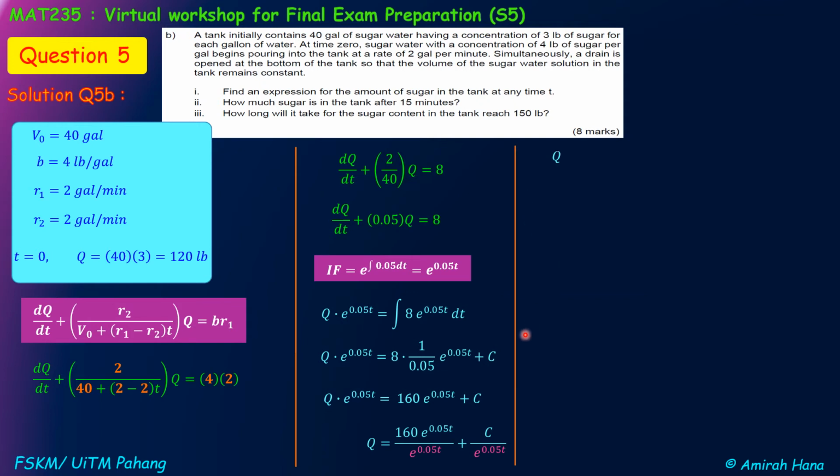After that, we can simplify e to the power of 0.05t over e to the power of 0.05t here. So we have Q equals to 160 plus C. We move e to the power of 0.05t to the numerator using the properties of indices, so we have times e to the power of negative 0.05t.